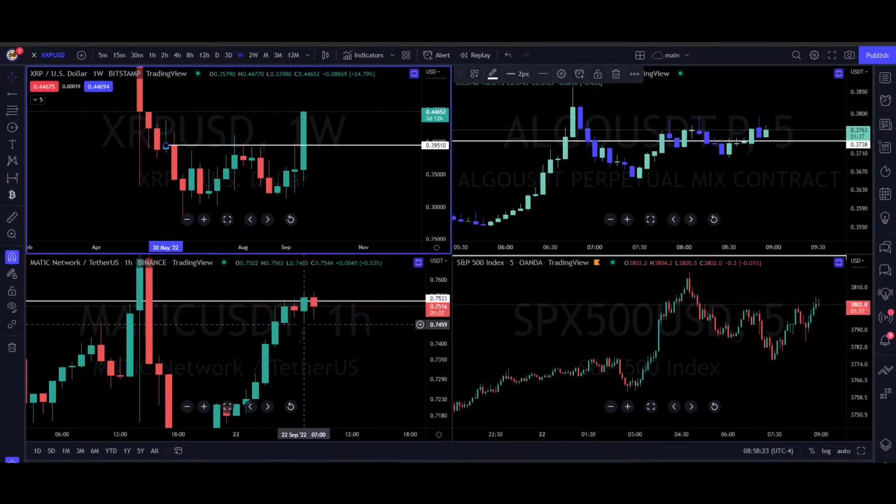So we want to see this low taken out to give us a signal. It doesn't mean that the trade will work, but it gives us a signal and allows us to take the entry. We still have to use a stop loss because we don't know what's going to happen. But with everything that we've analyzed on Matic, it seems to be the best setup for today for a short.